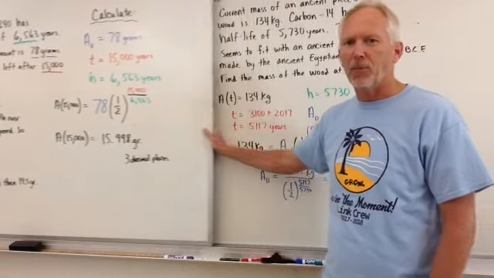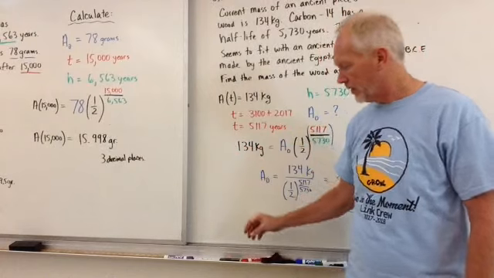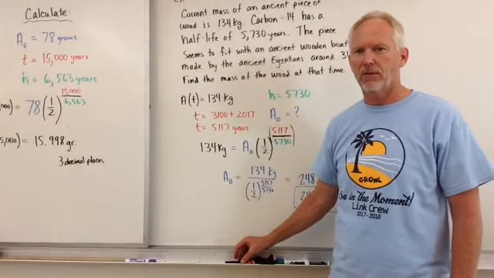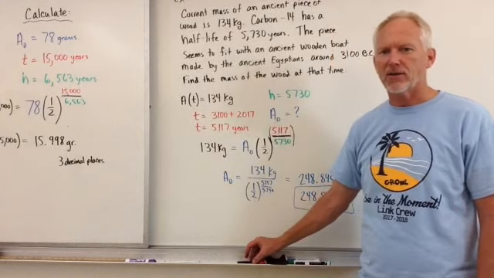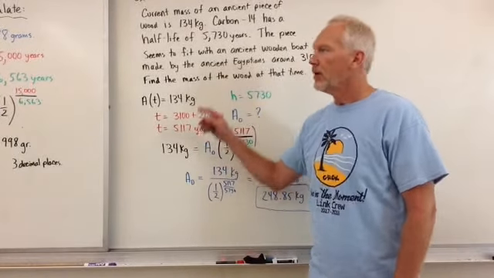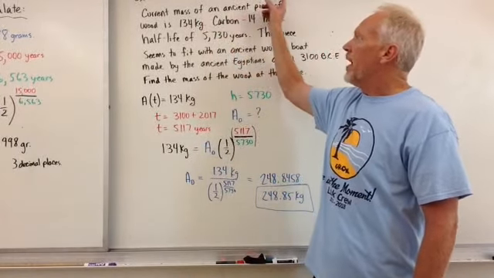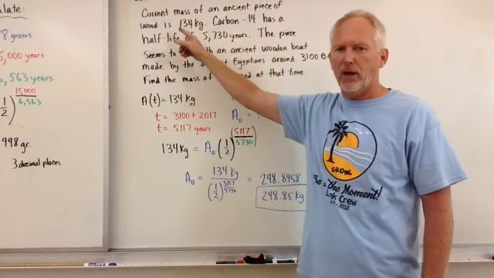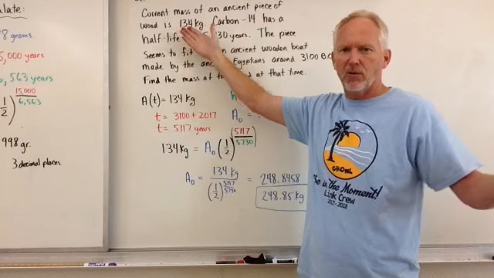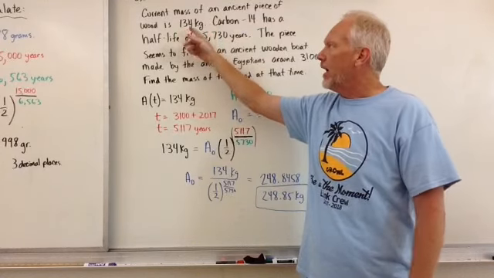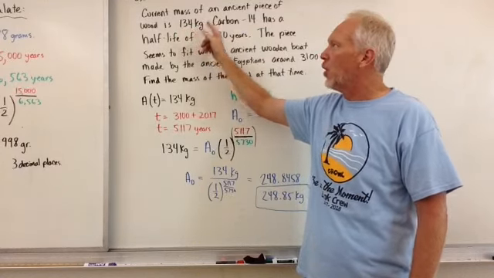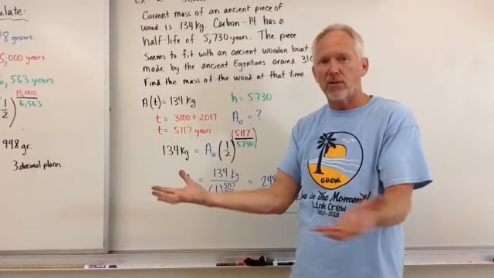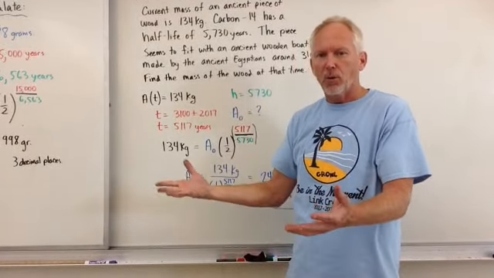All right. Example number 2. Let's slide over here a little bit. All right. Next one says, scientists found that the current mass of an ancient piece of wood, found it somewhere, it was dug very deep, and it was 134 kilograms, the current mass. So they dig it out, and they're like, wow, cool, here's this cool piece of wood, wonder what it is.